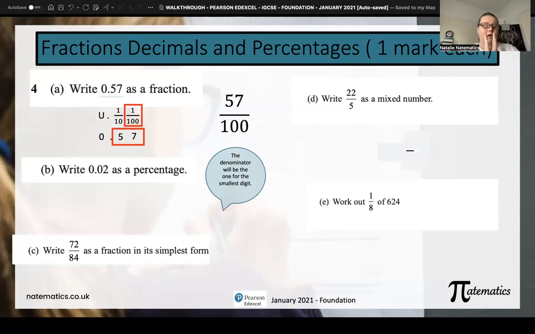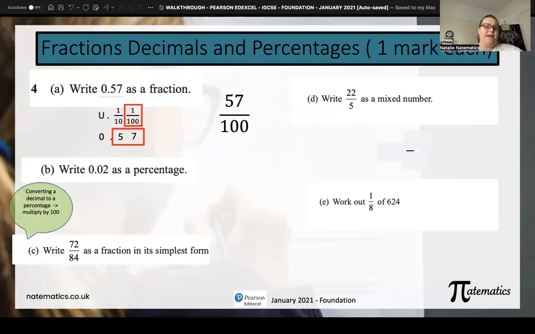If you had a number that says 0.057, that would be 57 over 1000. You see the difference? So 0.057 would be 57 over 1000. I know I've not got that on there as well, but it's worth just giving you that comparison.